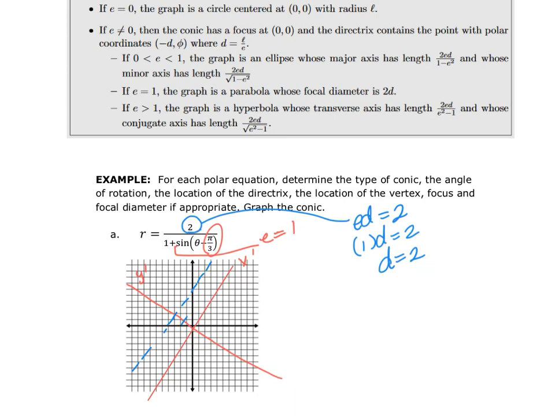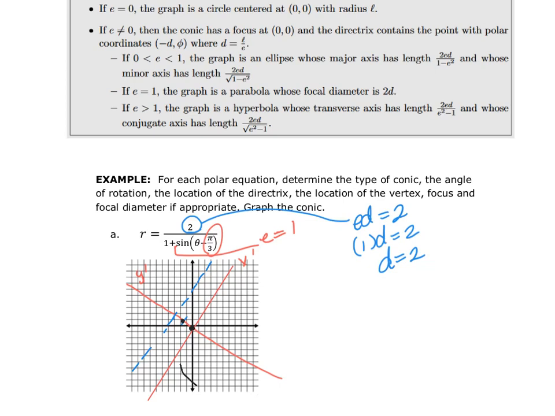And if you recall, my focus is right here. Now, because my E is 1, I know I have a parabolic shape. Because I have a parabolic shape, what I also know is that this right here is where my vertex is.